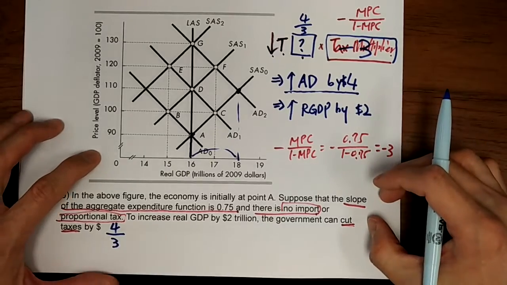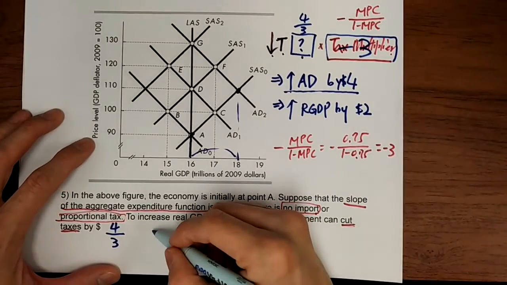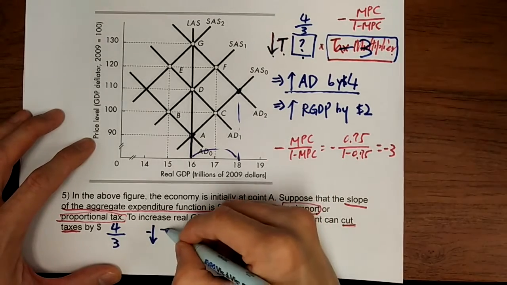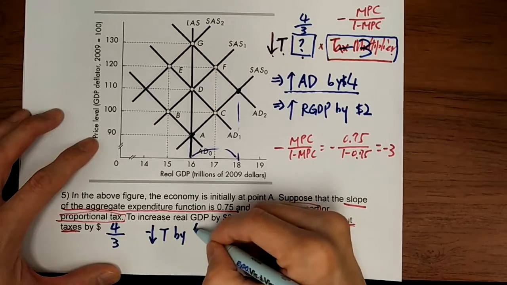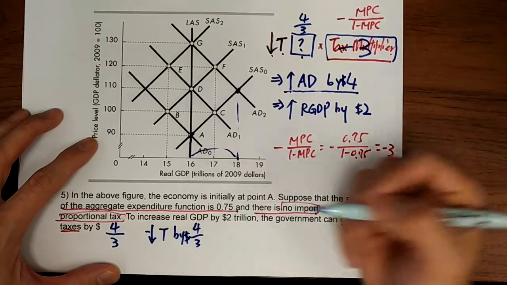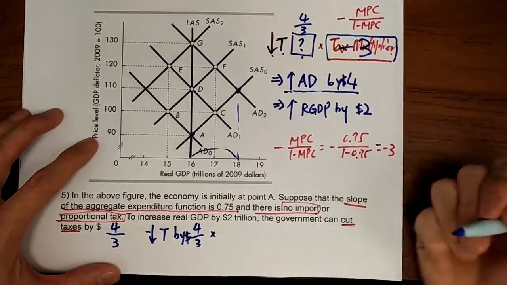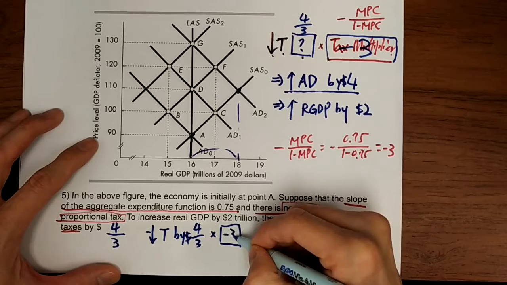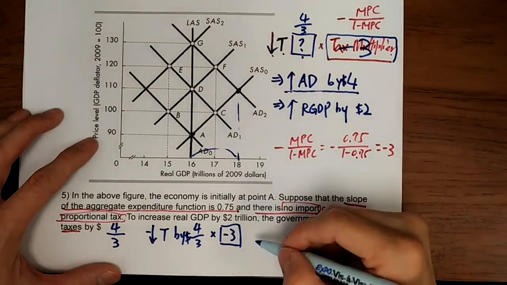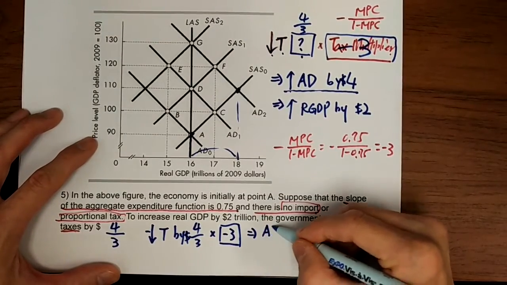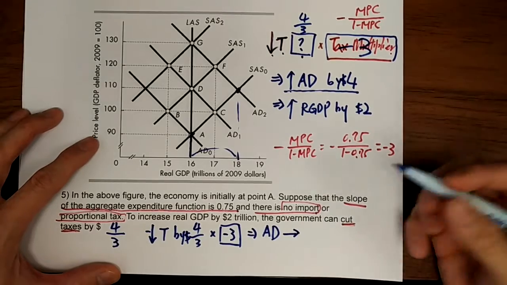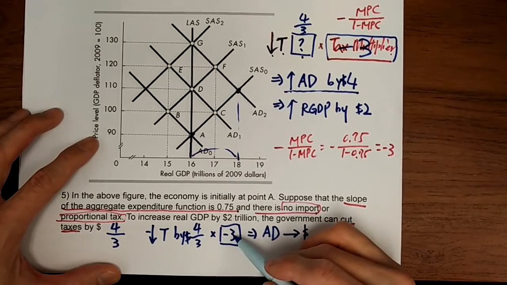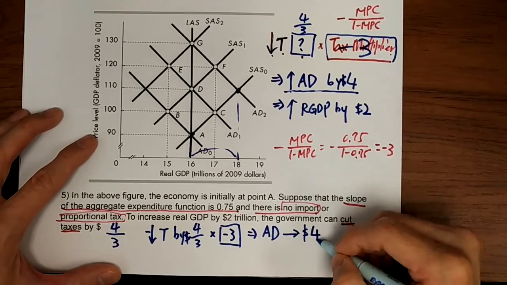Let me say it again. When the government cut tax by 4/3, because the multiplier is negative 3, results aggregate demand curve shift to the right by 4/3 multiplied by 3 is 4.